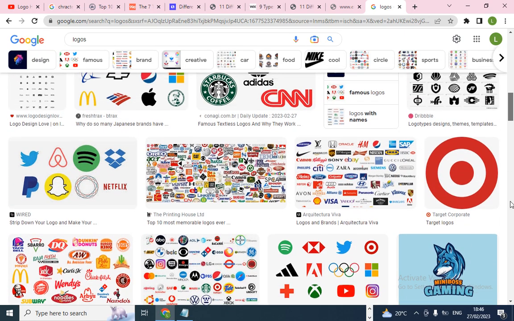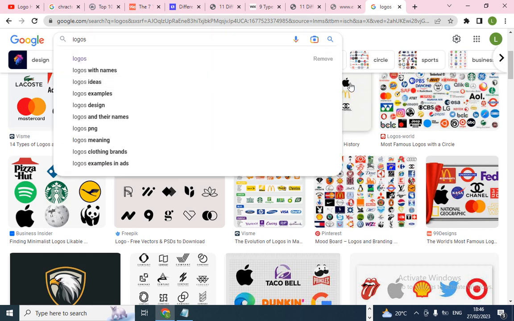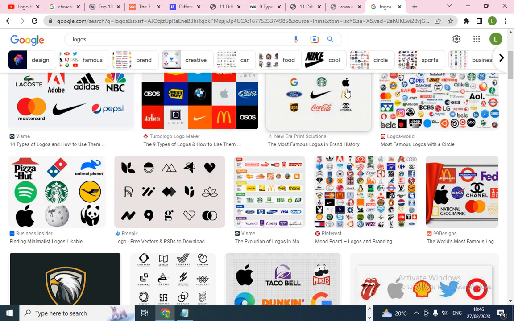If you type into Google, like I did here, logos, you happen to see Nike, Coca-Cola, UPS, Ford, Google, then the one for iPhone, Chanel. So the number of logos, to mention but a few.